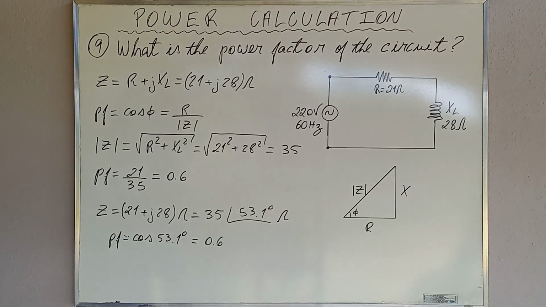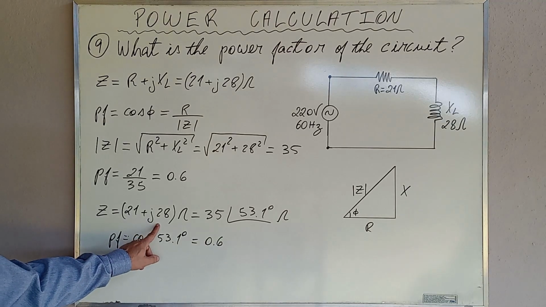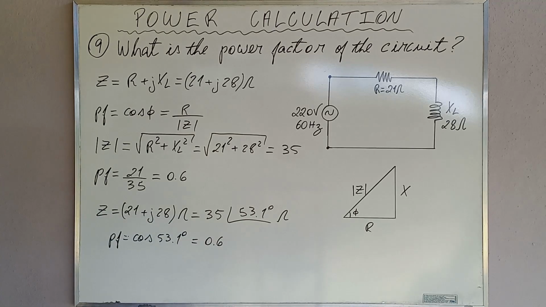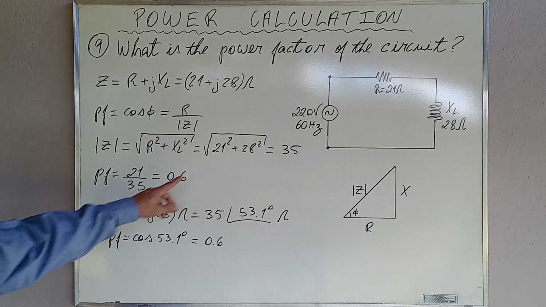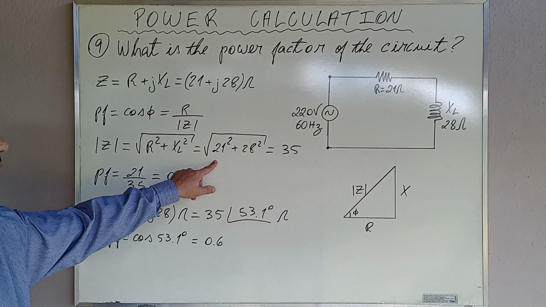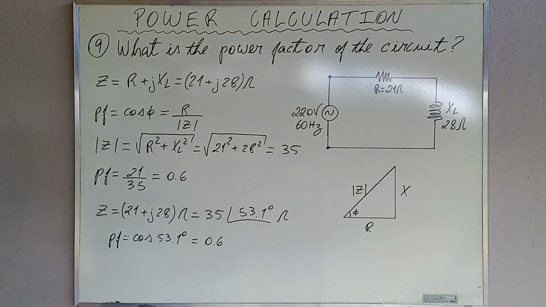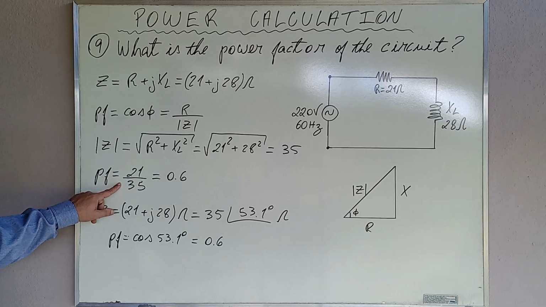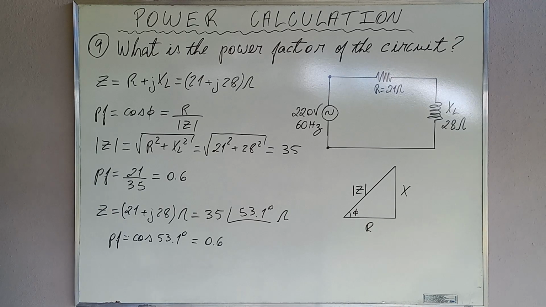The direct conversion from the Cartesian form to the polar form can only be made through the use of a calculator. If you cannot use a calculator in an exam, then you're going to need to remember the first method to solve, which consists of simply dividing the resistance by the magnitude of the complex impedance.